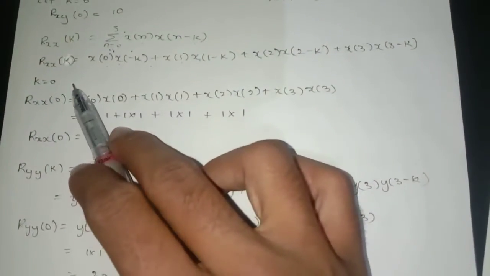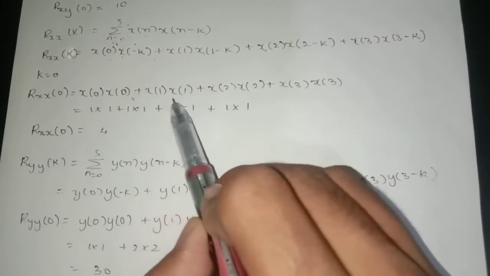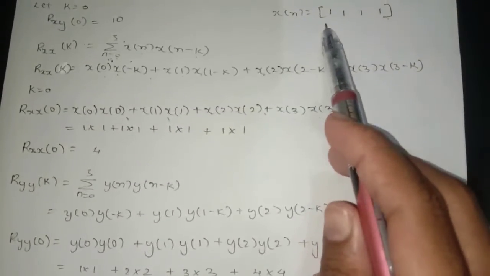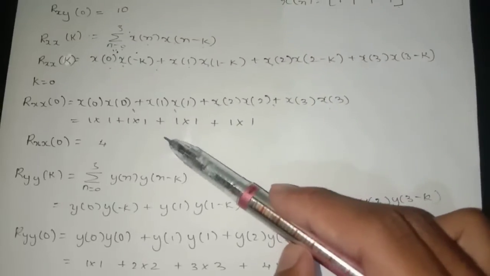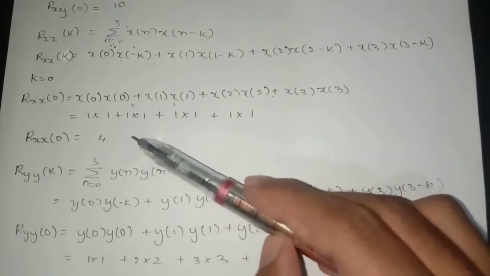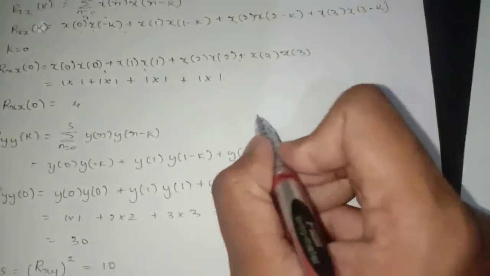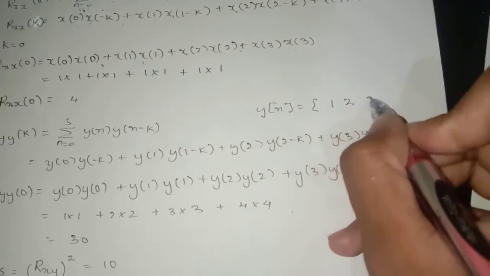Upon substituting k equals 0, rxx of 0 will be x of 0 squared plus x of 1 squared plus x of 2 squared plus x of 3 squared. Substituting the values of x of 0, x of 1, x of 2 and x of 3, we will get rxx of 0 as 4. Then similarly the autocorrelation for the y sample, that is y of n equal to 1, 2, 3, 4.